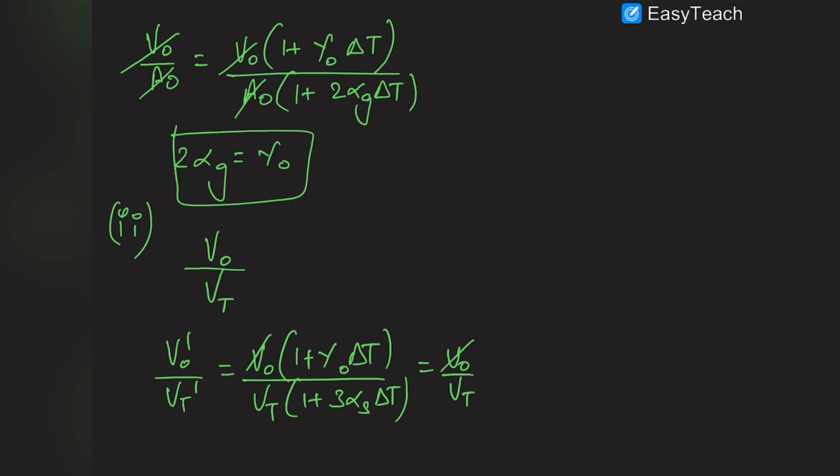Cancelling V naught with V naught and V total with V total, you can see that gamma naught is equal to 3 alpha g. So this is the correct relation for the second part.